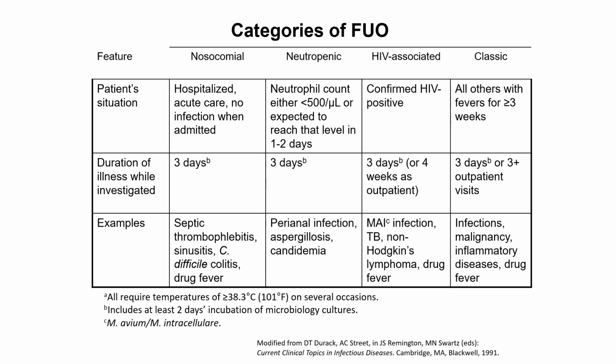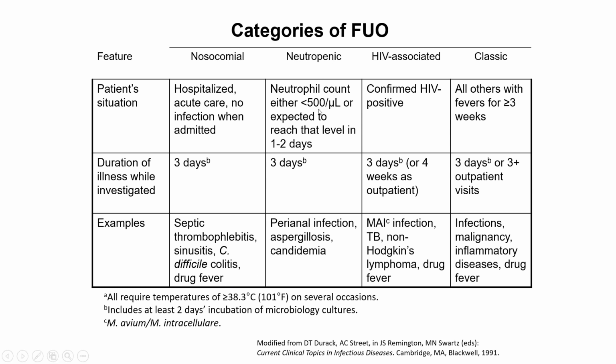So that becomes a nosocomial infection. All right. The duration of illness while investigated has come down from 1 week to 3 days. And the most common causes of nosocomial infections in this group would be septic thrombophlebitis or catheter-associated infections, Clostridium difficile diarrhea, drug fever, and so on.